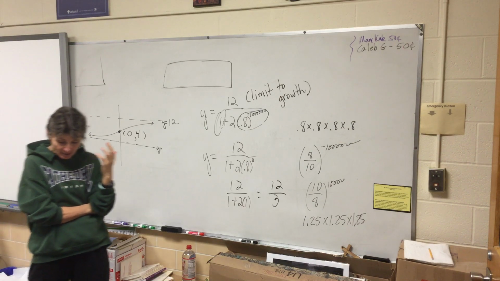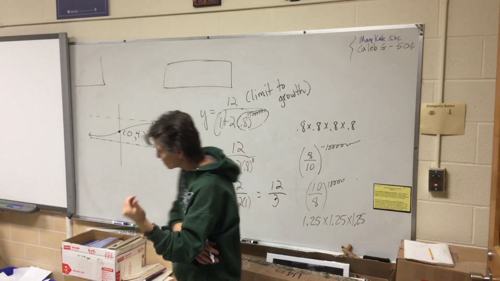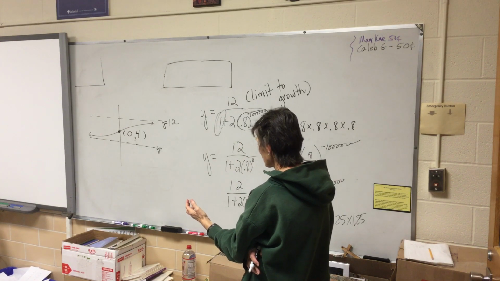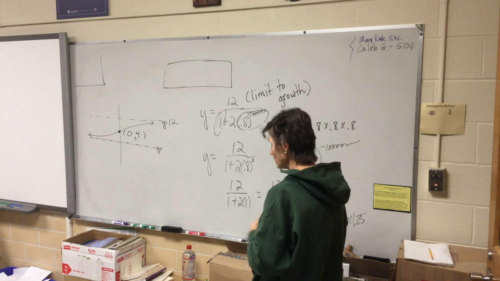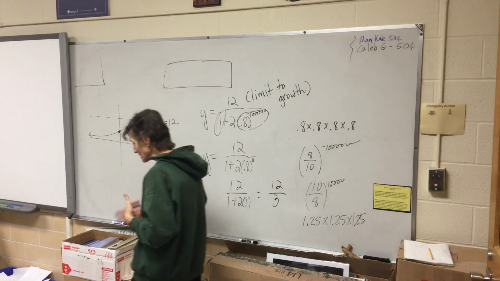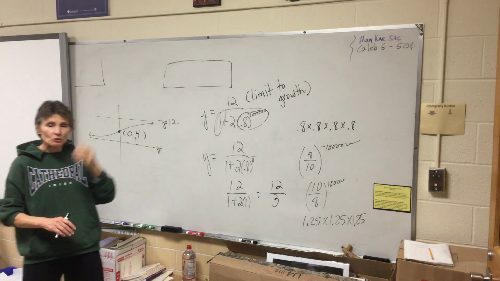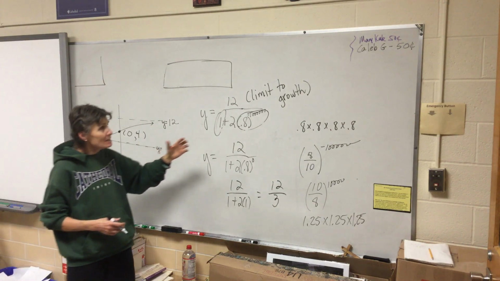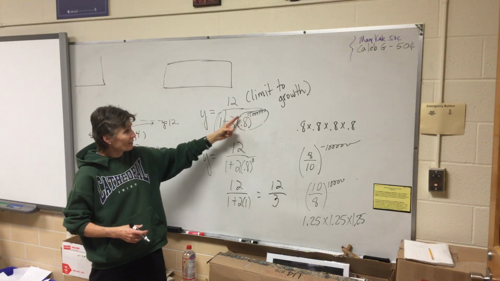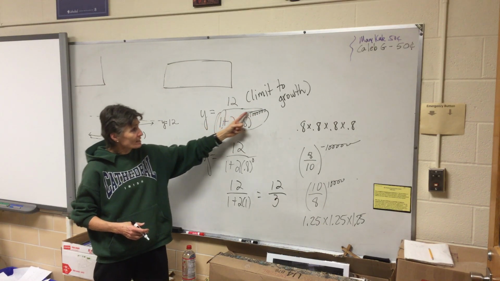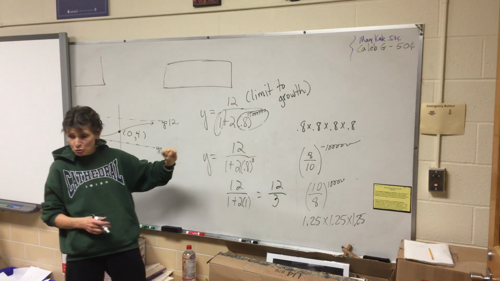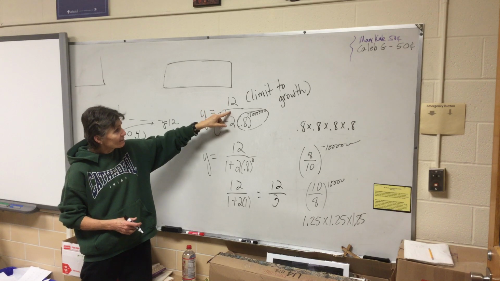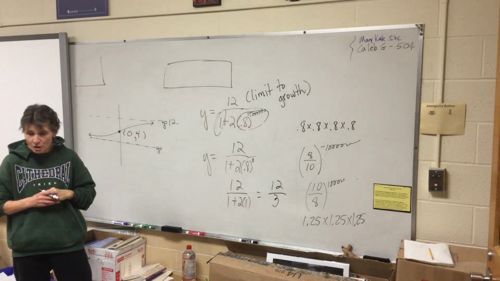Is your number getting bigger or smaller? Kids, what happens when you take 2 times 2 times 2 times 2 times 2? Gets bigger or smaller? Bigger. Yep. Anything bigger than 1, if you keep multiplying it times itself, it's going to grow. That's exponential growth. The base is bigger than 1. It's just going to keep getting bigger and bigger and bigger. So as this keeps getting bigger and bigger, isn't your denominator just getting huge? So you have 12 divided by some huge number.